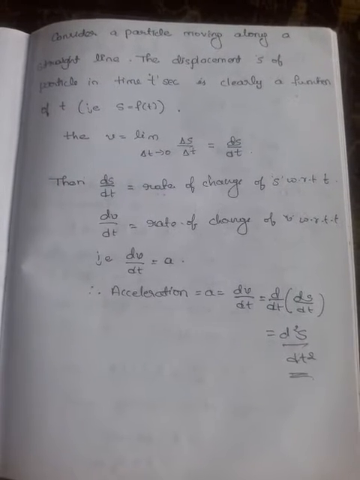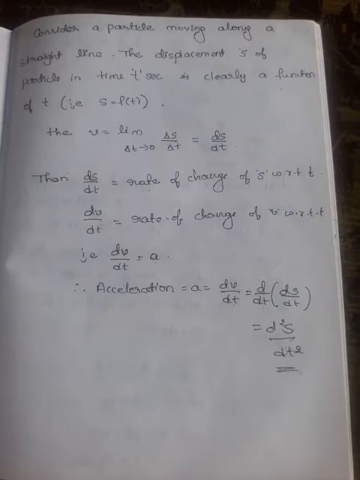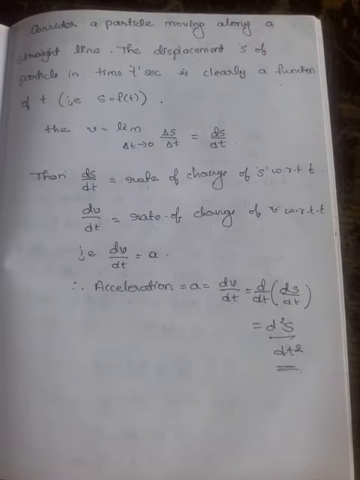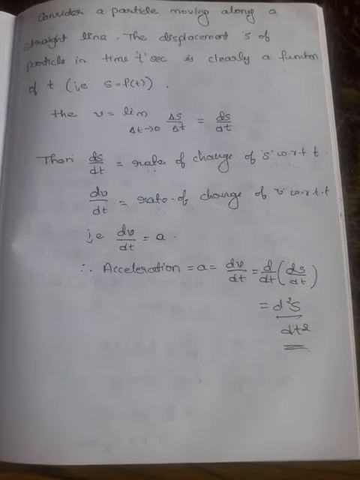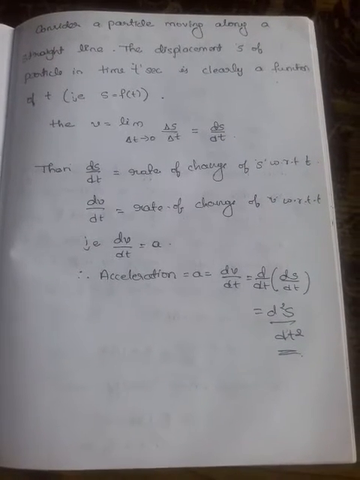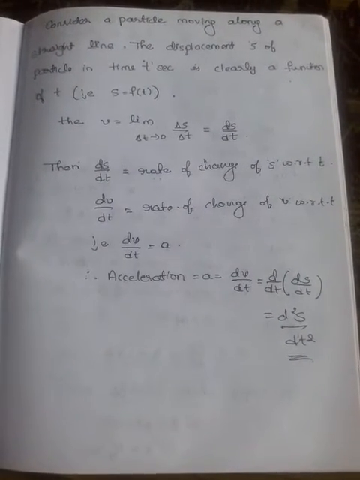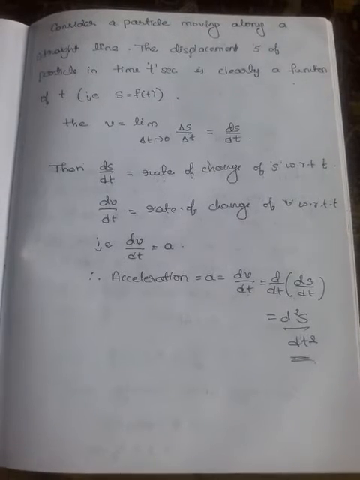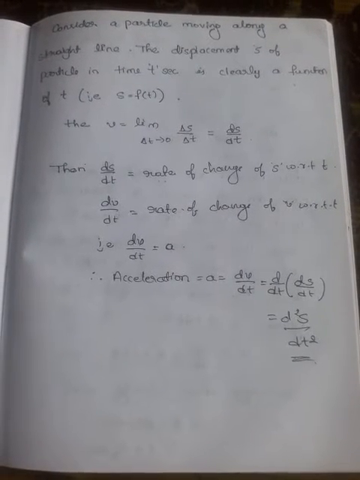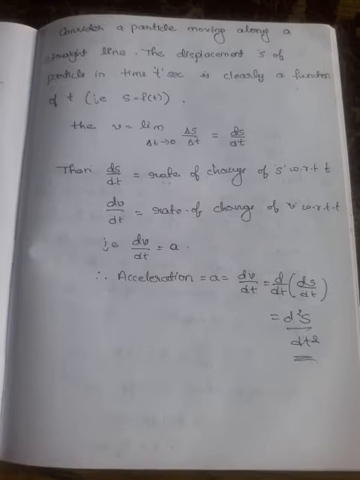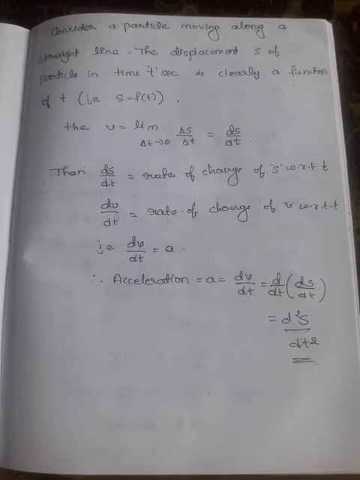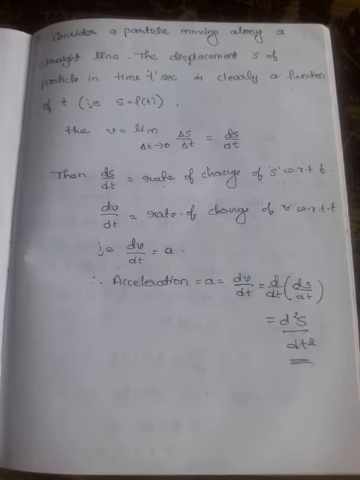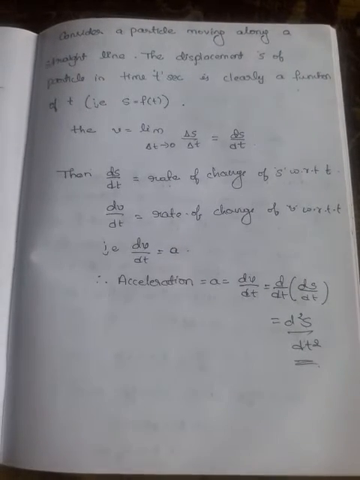The velocity v of a particle at any instant of time t is defined as the limit as delta t tends to 0, that means when the time interval is moving towards 0, of delta s by delta t, if the limit exists, meaning the left hand limit is equal to the right hand limit. The concept of velocity in a rectilinear motion corresponds to the most general concept of instantaneous rate of change.